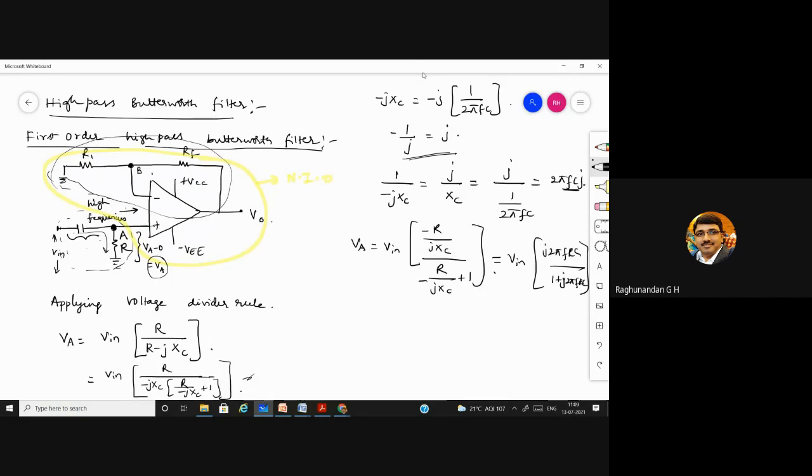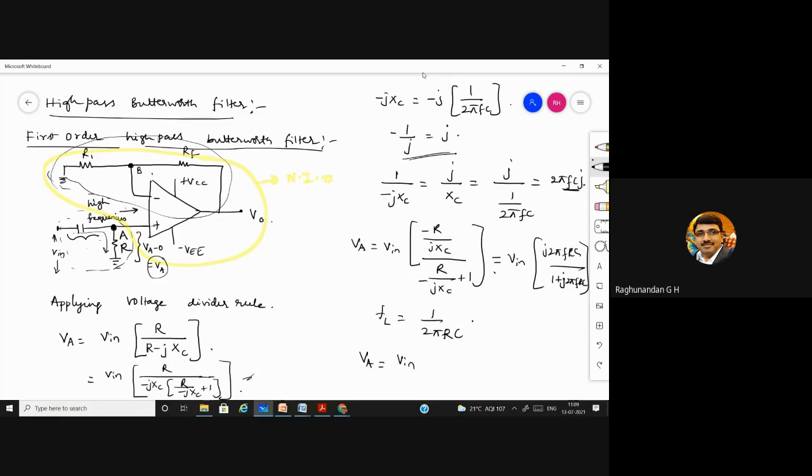Again, if you are going to represent it in terms of the lower cutoff frequency, because the lower cutoff frequency is given by 1 divided by 2 pi RC, then considering it in the above equation, VA is equal to Vin. We are just replacing 1 by 2 pi RC with FL.